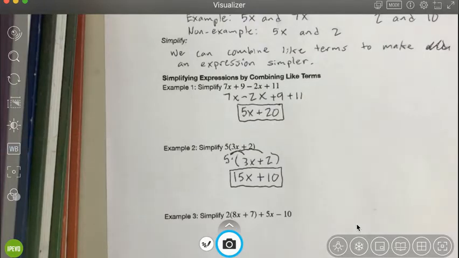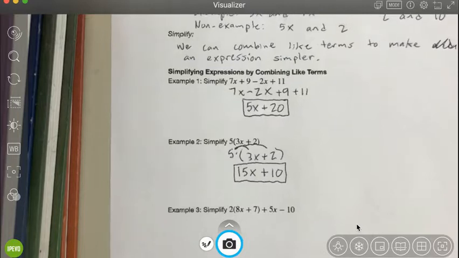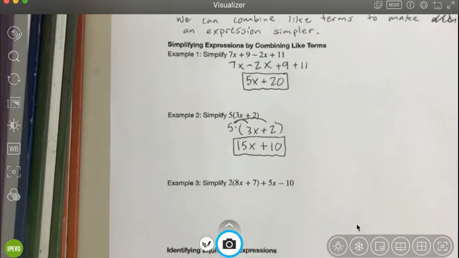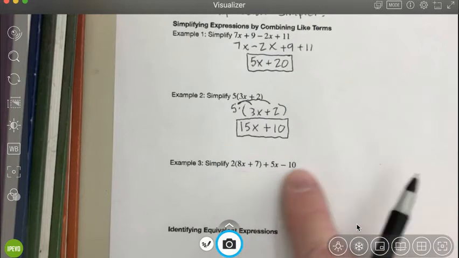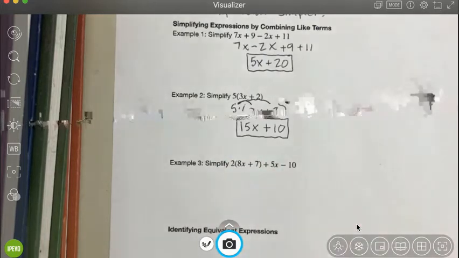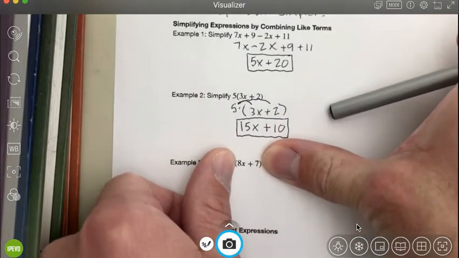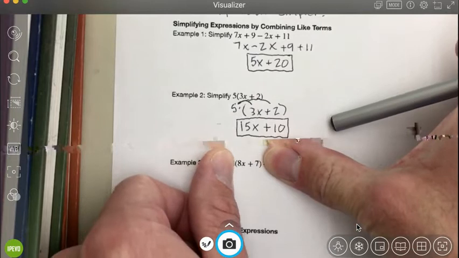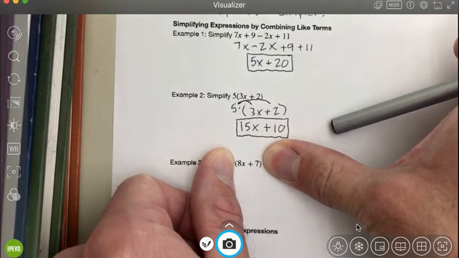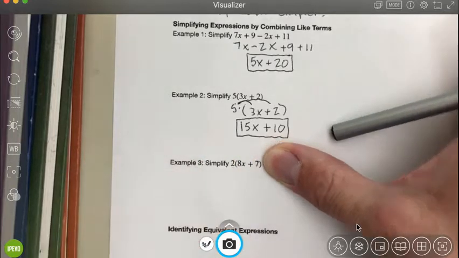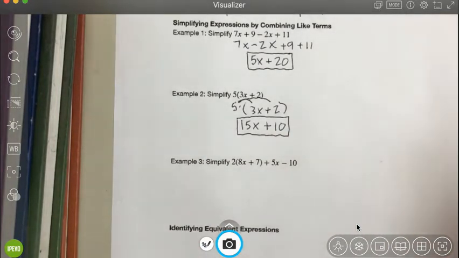All right, and then one more example brings it all together. So sometimes we have a whole bunch of things going on. But once again, our order of operations applies. Therefore, the first thing I want to look at is, can I do anything inside the parentheses? Once again, they're not like terms. There's nothing I can do inside. And so now I have to think about what's the next possible operation.